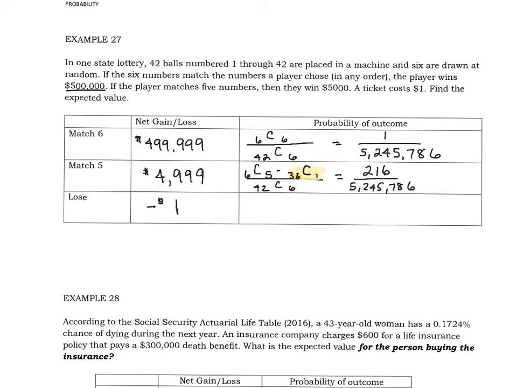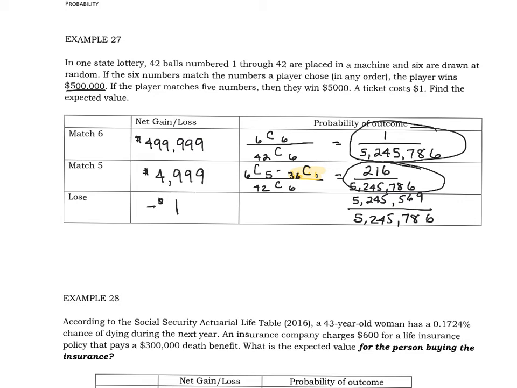Okay, well, what if you lost? Well, first of all, how would we find the probability of that? Well, it's going to be 1 minus this amount right here minus this amount right here. So the way I determined that is I took our denominator and I subtracted the 1 and the 216, and I ended up with 5,245,569 over our 5,245,786.